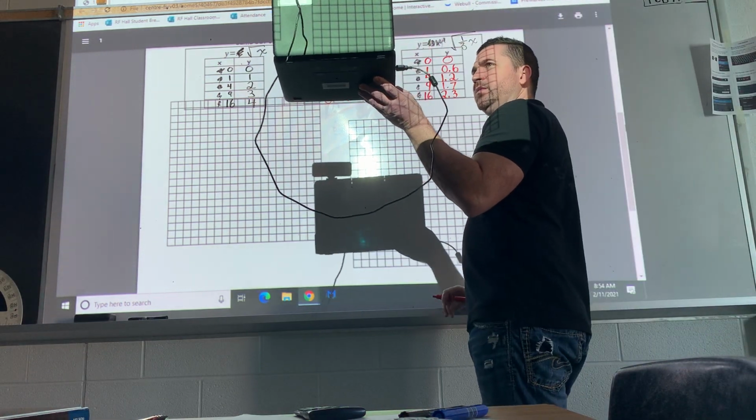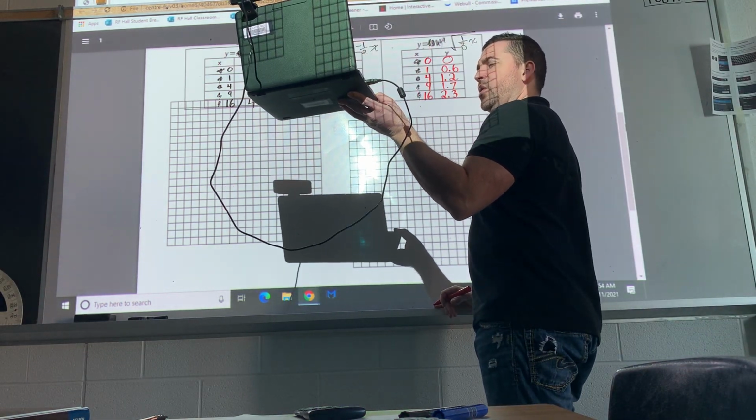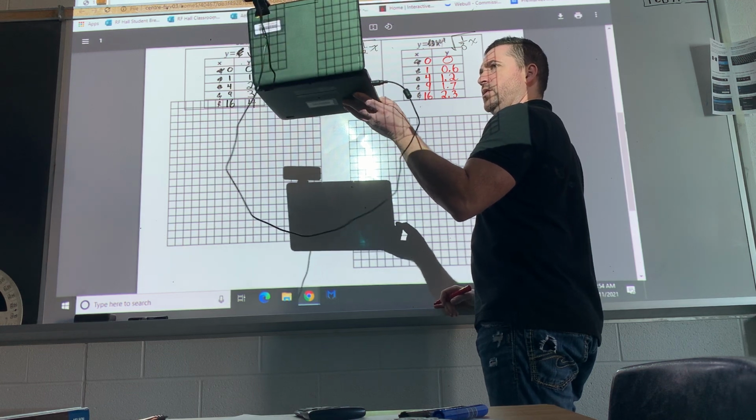Sorry, I can't really zoom in because I need the graph. So those are the values.